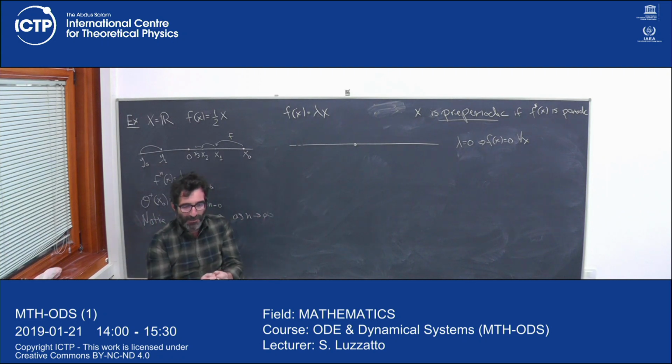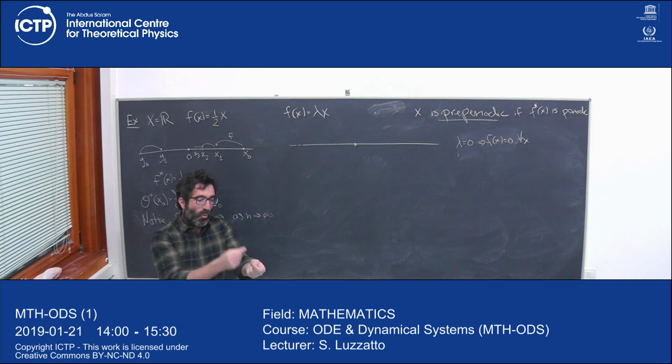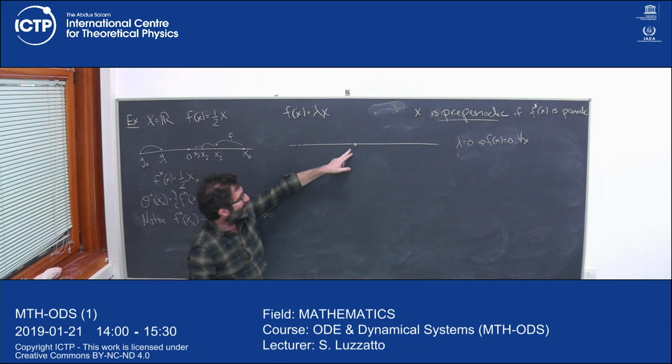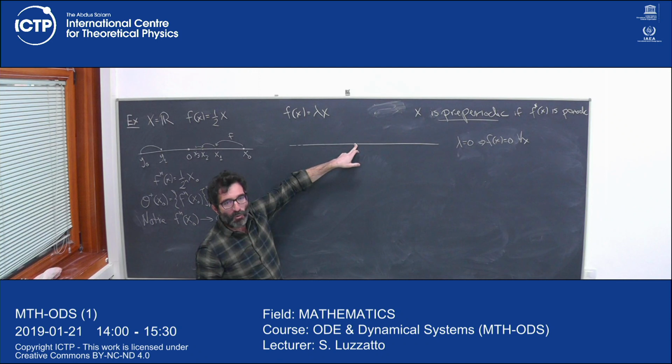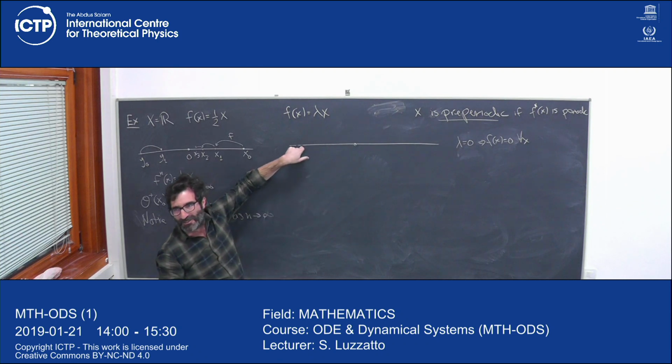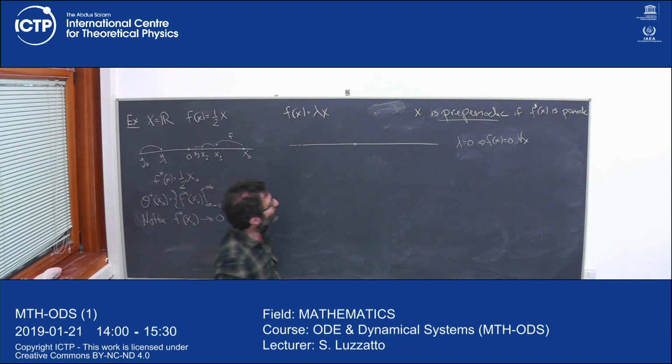Whereas if it's non-invertible, the periodic point may have multiple pre-images. One of them is the point that comes from the orbit itself. But like here, 0 has one pre-image which is 0 itself, but all the other points are also pre-images of 0, and they're pre-periodic points.